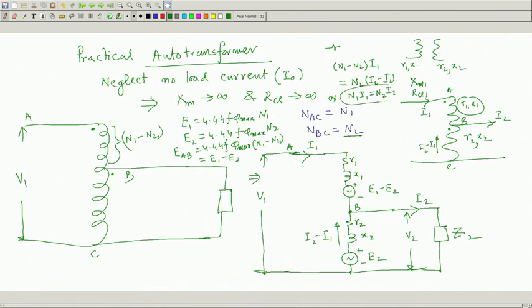See, the point is I should not start from this, I must establish it. It so happens that, like a 2 winding transformer, N 1 I 1 is equal to N 2 I 2. I have derived that.